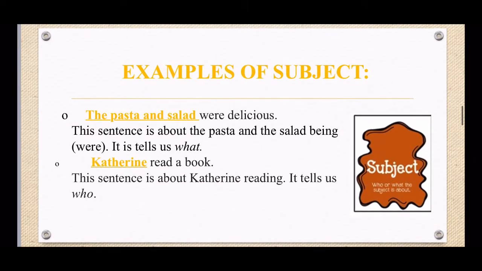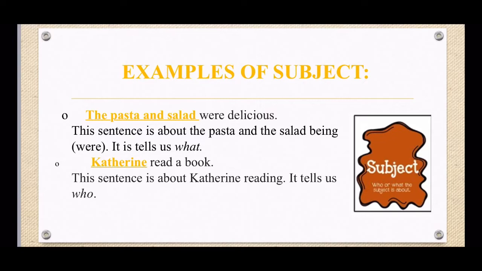Here are some more examples of subject. The sentence reads, the pasta and salad were delicious. So this sentence is about the pasta and the salad being, were. So it tells us what, right? So in the sentence, it tells us what was delicious. And what was delicious was the pasta and the salad.